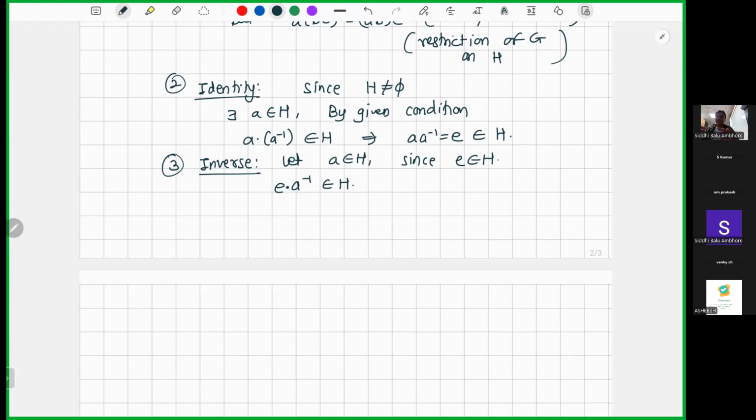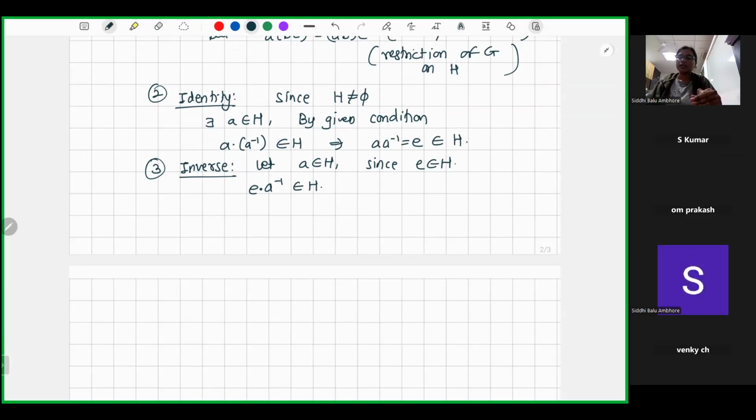The operations, the identity, the multiplication or addition, whatever we are defining on H is inherited from G. So inverses and identities remain the same in H. So this E A inverse belongs to H from the given condition, since AB inverse belongs to H. So that's why this A inverse belongs to H.